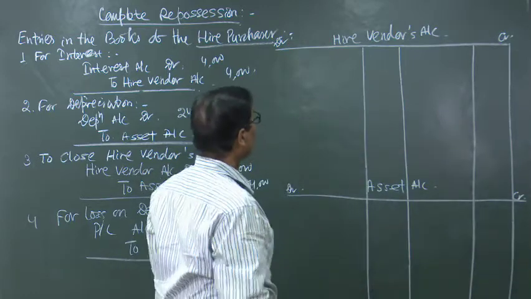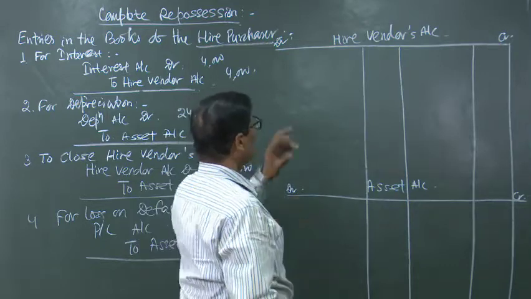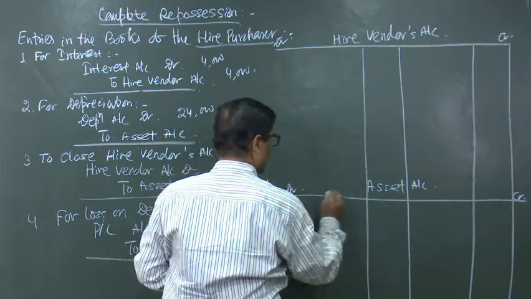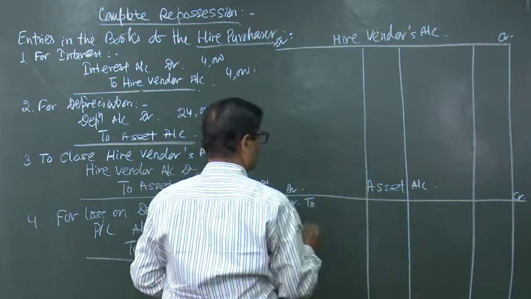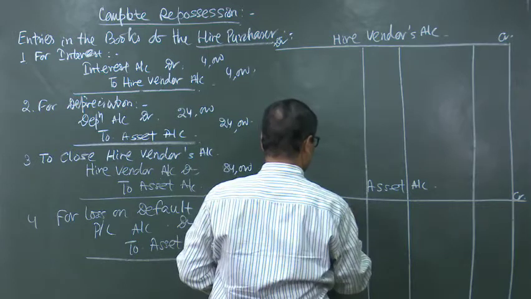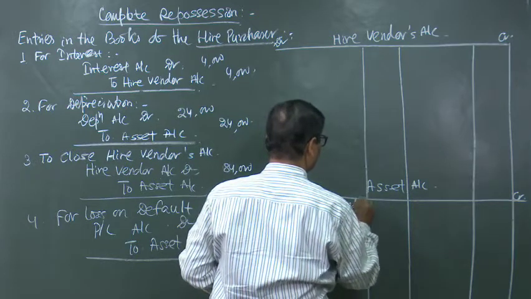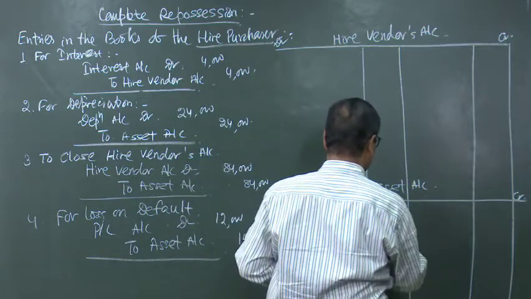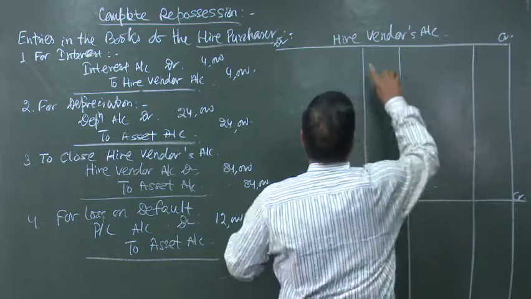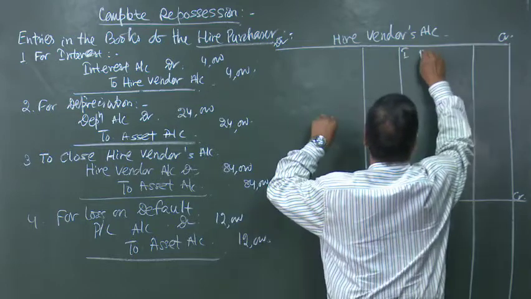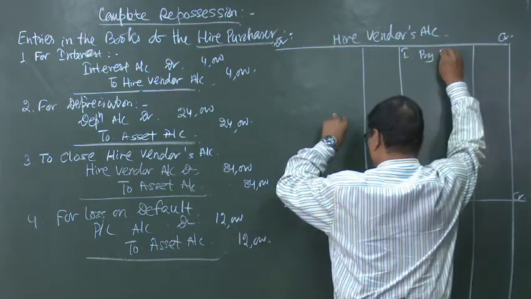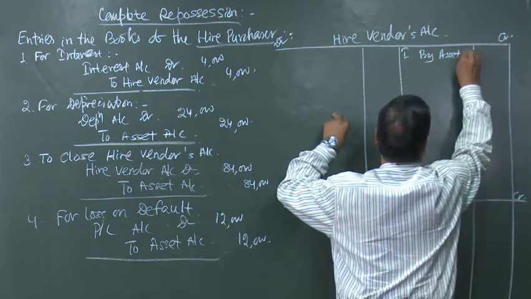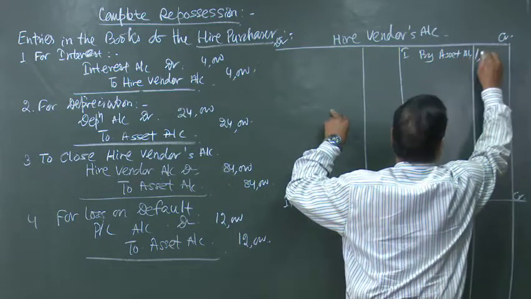In the first year, when the asset was purchased, hire vendor must have been credited and asset account must have been debited. How much was the cost? 1,50,000. So the hire vendor account in the first year was created by asset account 1,50,000.